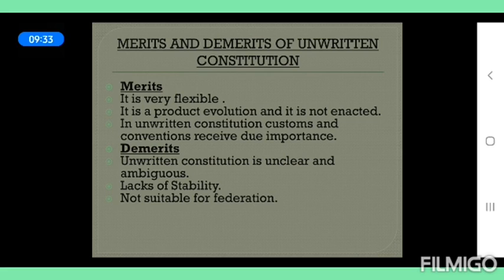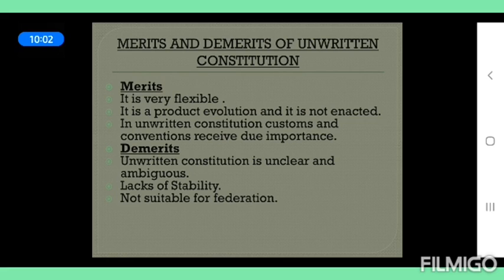Now let's discuss the merits and demerits of unwritten constitutions. Number one is the merits. Number one: it is very flexible. An unwritten constitution is very flexible because here there is nothing written in the form of a book, nothing in the form of written records, we can say.